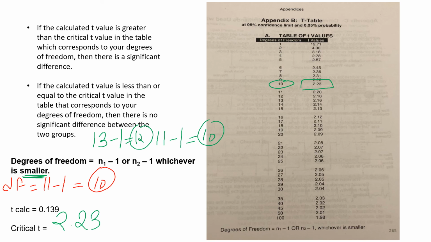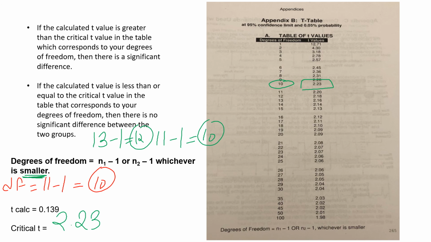If your calculated t-value is greater than the critical t-value, then there is a significant difference, and that would mean that you would accept your alternative hypothesis. But if your calculated t-value is less than or equal to the critical t-value, then there is no significant difference, and that would mean that you are going to be accepting your null hypothesis.